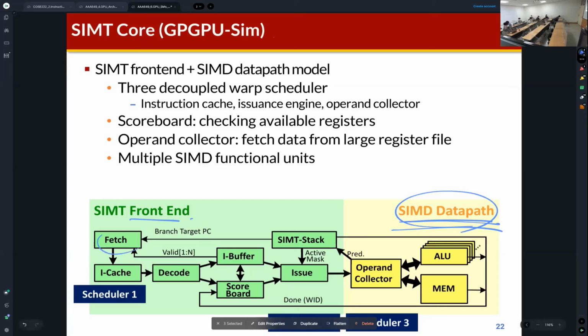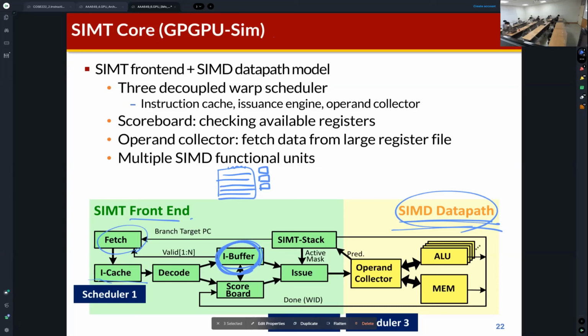Okay, so there is a fetch engine here, and the fetch engine fetches instructions from the instruction cache. And then I said that the GPU has multiple warps, which means that there are multiple warps here. Each of the multiple warps has its own instruction buffer. It's like the instruction fetch queue, but there are multiple warps.